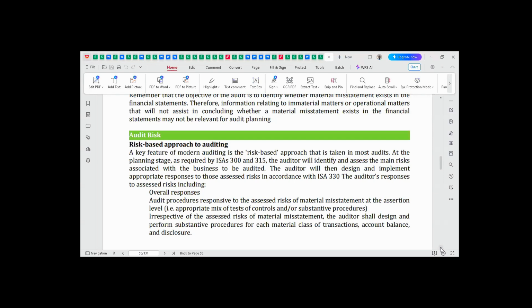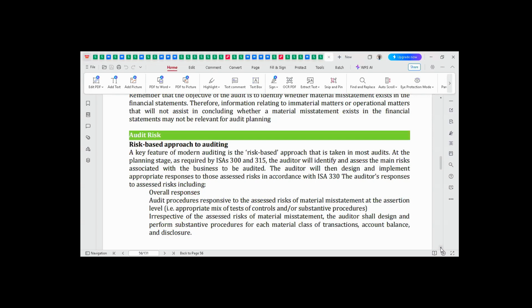Now, when you talk about the audit risk, it is the risk that the auditor will give an inappropriate audit opinion. But what you need to realize is this: before you even go about the audit, you need to define how you intend to go with the audit.